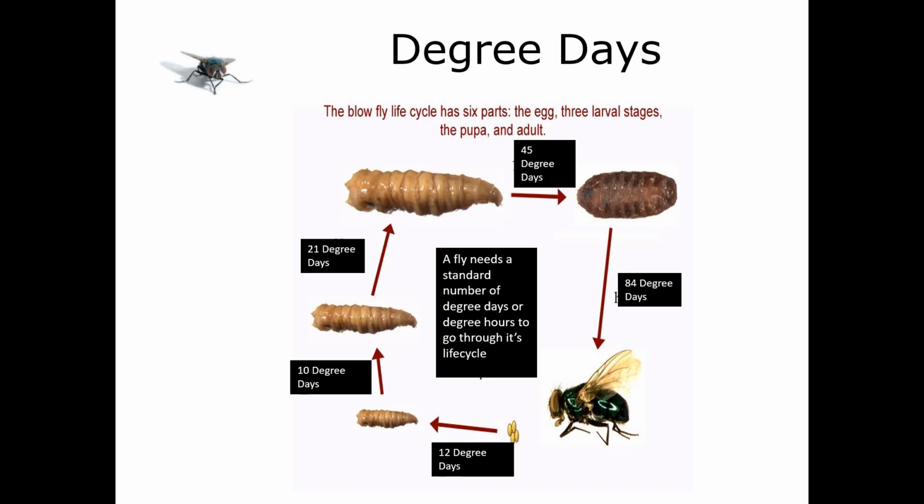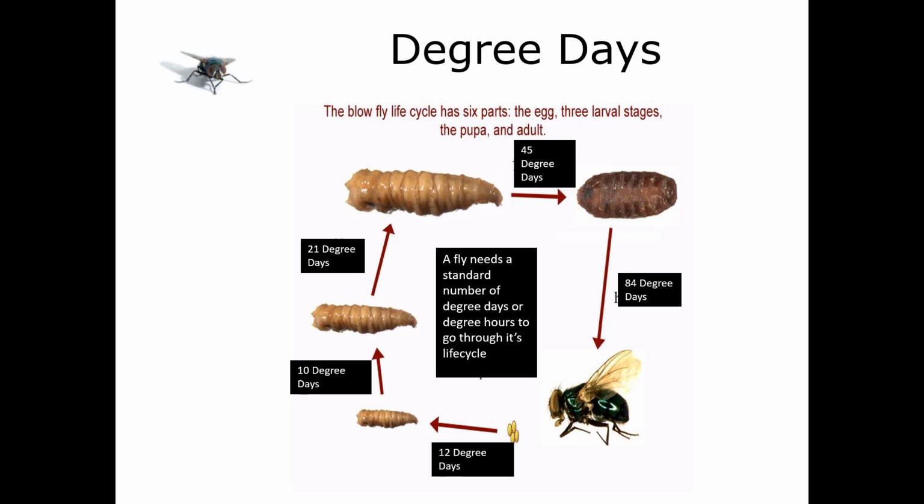So each stage needs to accumulate a given number of degree days or degree hours in order to get to the next stage. The colder it is, the longer it's going to take them to get to that next stage. The warmer it is, the faster it's going to be. So this is something we have figured out by watching them in the lab at those standard temperatures and then calculating our degree days.